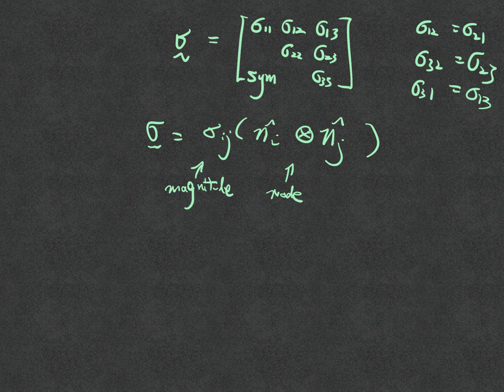An example of that would be the first Piola-Kirchhoff stress, Pij. If I write the first Piola-Kirchhoff stress, I will write it as P, which is equal to Pij. Notice that I use the capital letter J to represent the reference configuration, and I would write something like this.